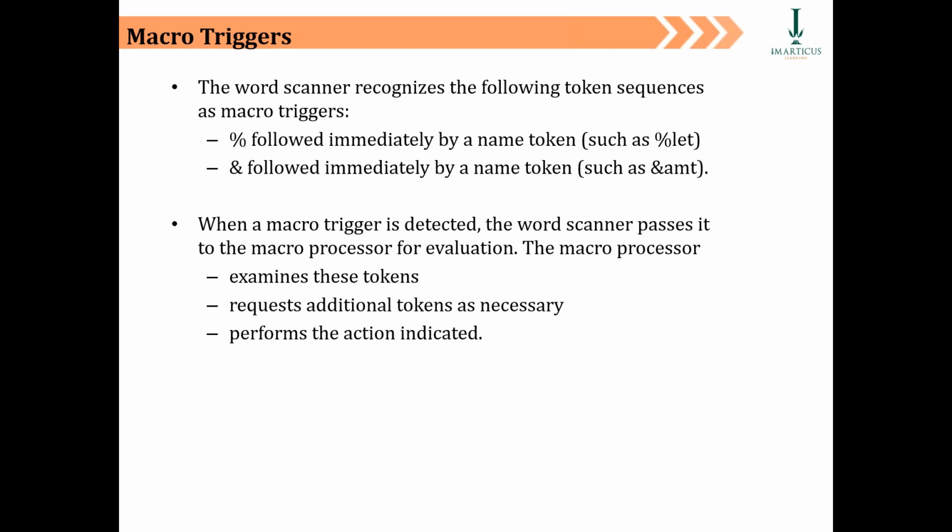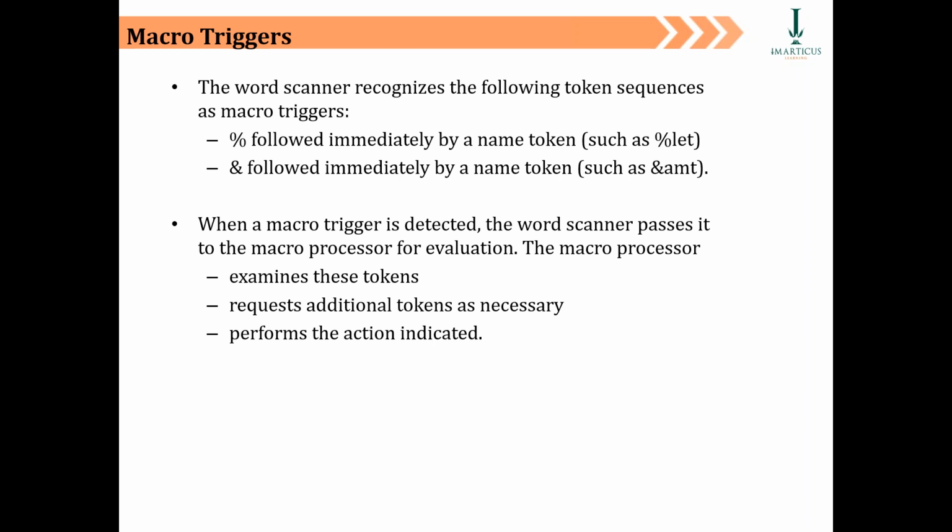Probably you are getting confused in tokens, but now try to understand, it will be very easy for you. Basically the word scanner recognizes the following token sequences as macro triggers: a percent sign followed immediately by a name token such as percent let, or an ampersand followed immediately by a name token such as amount or sysdate. It is recognized by the SAS system.